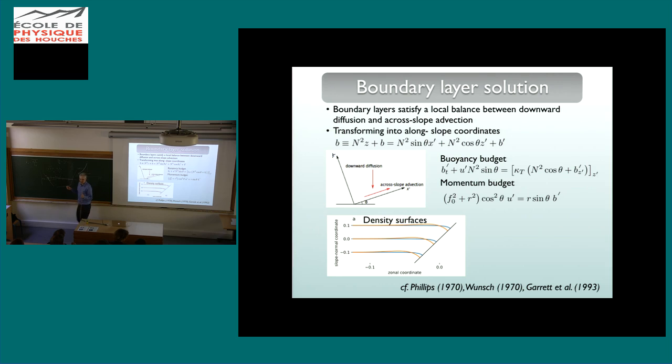boundary layer solution itself. And this really goes back to, I think, Phillips, the first paper that, together with Wunsch, came out pretty much at the same time, which just solved for the solution along these boundary layer flows.